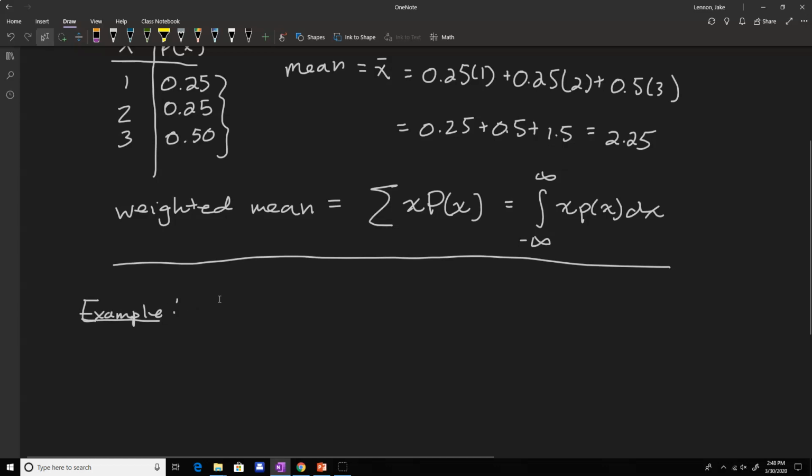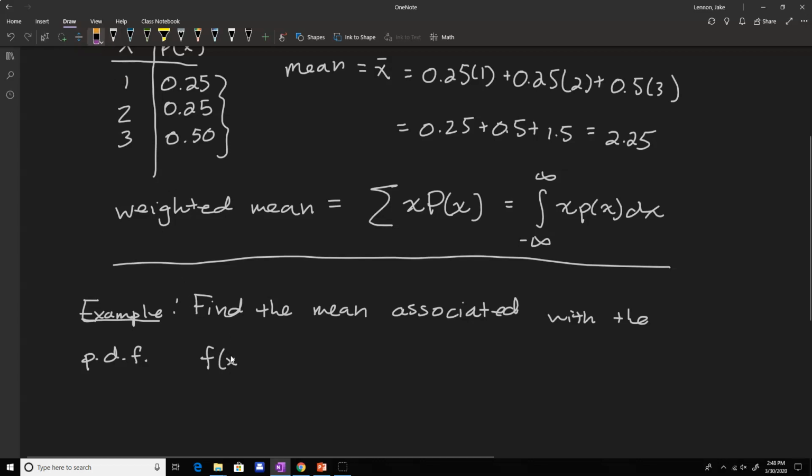Let's say find the mean associated with the probability density function, PDF. Oh, they're using t in that problem, aren't they? So let me just use t since they're using t.